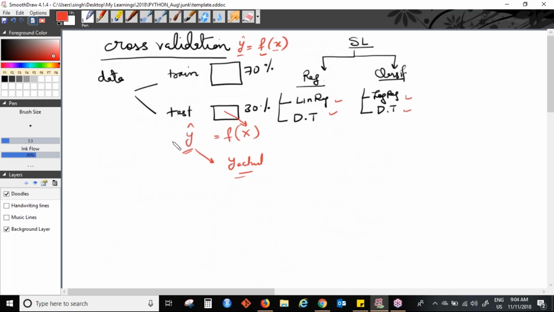Everybody follows till here? Are you following? This is what you have done for all the algorithms. Now, can somebody tell me if there is something wrong with this particular approach? Do you think everything is okay with this approach, or are we missing something here? What do you think?